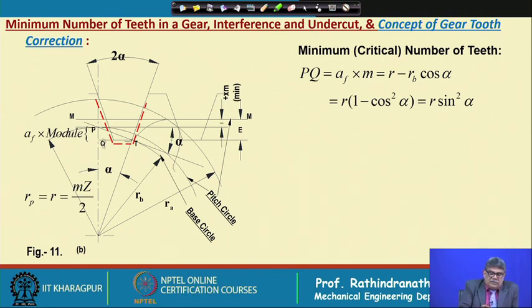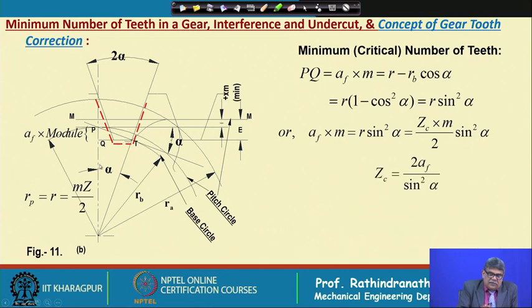Now, if we consider this PQ portion, which is addendum factor into module, this must be equal to the pitch circle radius minus this distance from Q, which is nothing but RB into cos of alpha. So, finally, we get RB is equal to R(1 minus cos square alpha), that is R into sin square alpha.